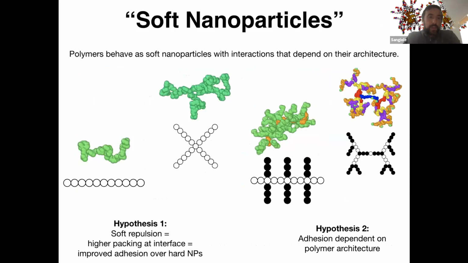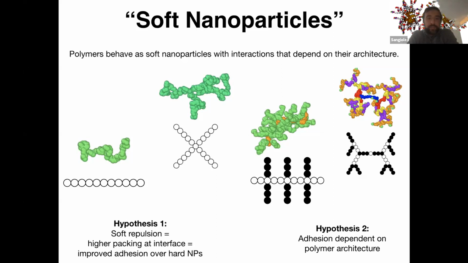Now, very quickly, the drop in adhesion at high concentration was due effectively to excluded volume interaction between the nanoparticles that determines the layering. One possible solution, so that we can push the system a little bit more, would be to use soft nanoparticles. When we talk about soft nanoparticles in soft matter, we typically talk about polymers.